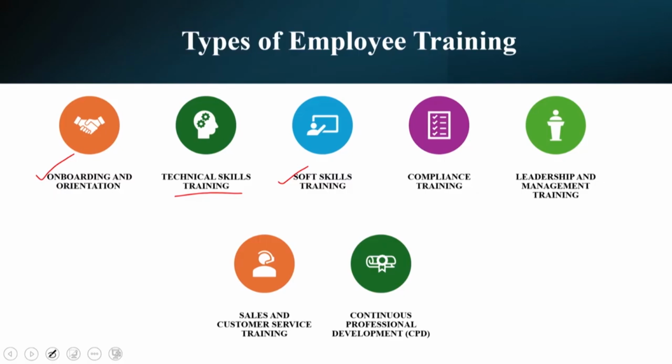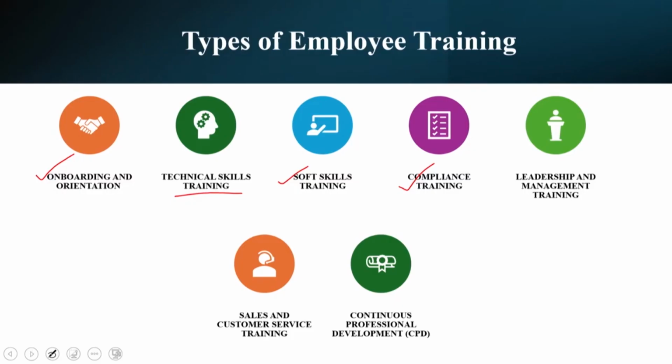And then you have compliance training. Compliance training is all about educating employees on legal and regulatory matters relevant to their jobs. It could include health and safety, or data protection, or even workplace ethics. These are all part of compliance training.